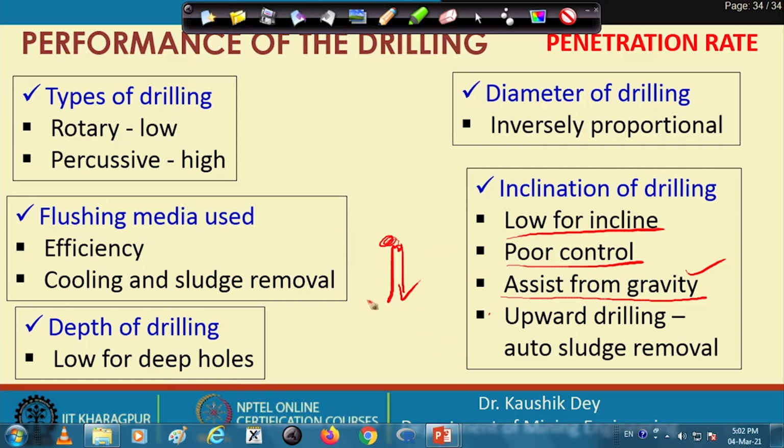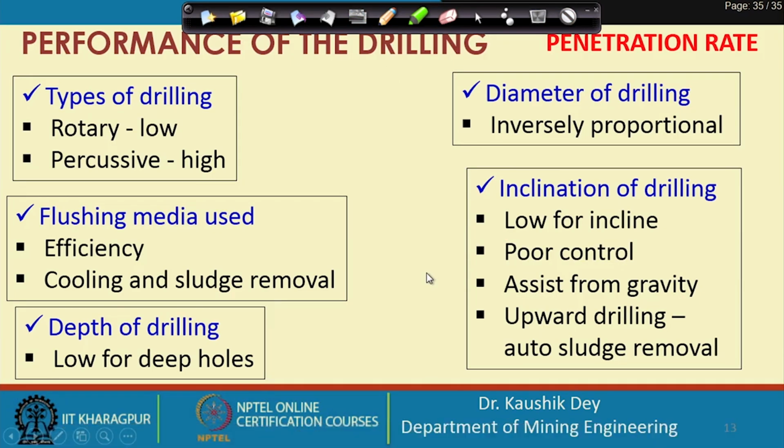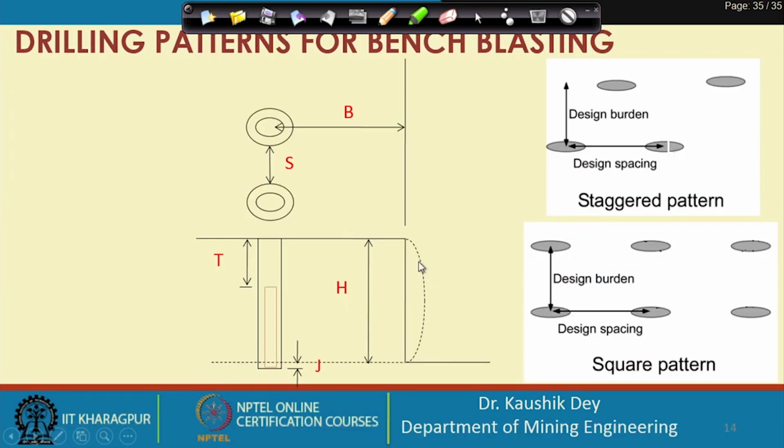So, somehow it is also beneficial, but overall drilling against gravity is troublesome and difficult to control, and in general that is why it is avoided in most cases, and it is not available for surface mining cases. Now, let us understand the different terminology related to surface mine drilling.